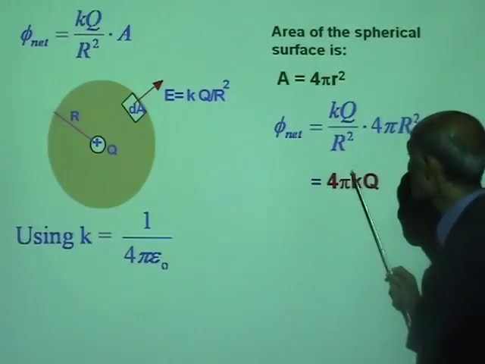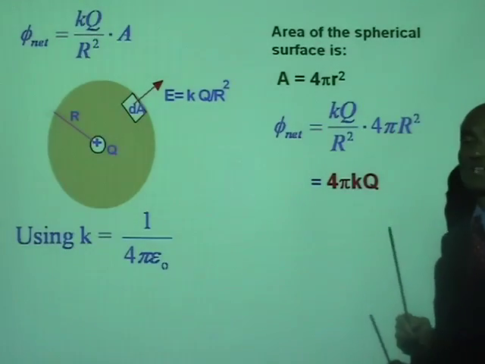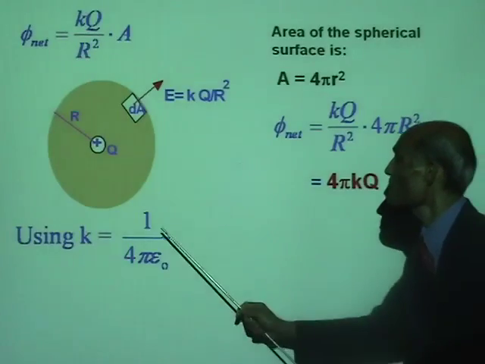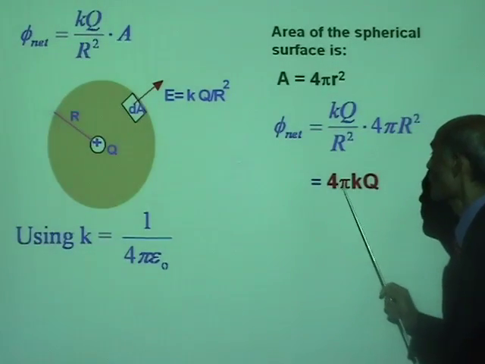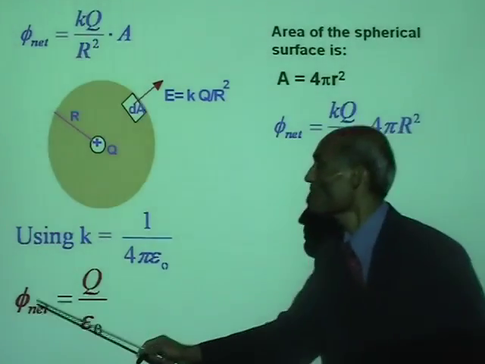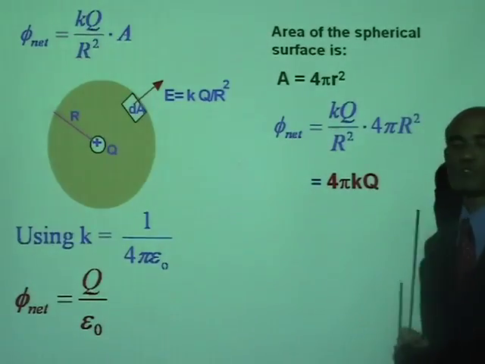Let's replace this k by 1 over 4 pi epsilon naught. And what does that give you? When k is replaced by 1 over 4 pi epsilon naught, the 4 pi and the 4 pi cancel. It will give you phi net equal to q over epsilon naught.